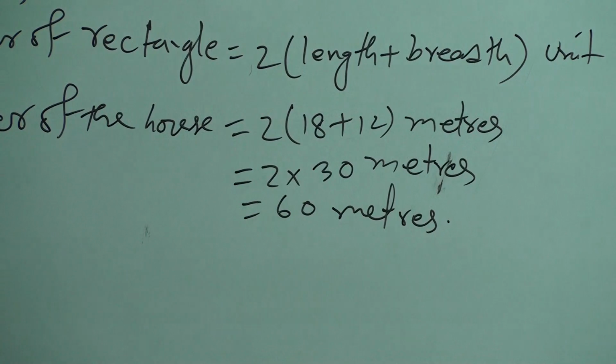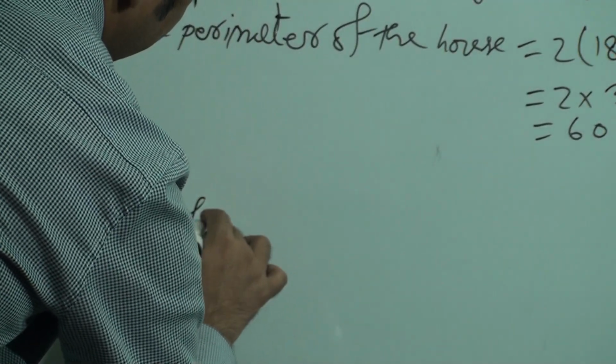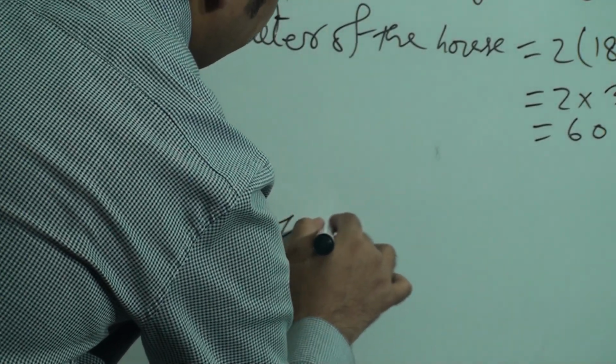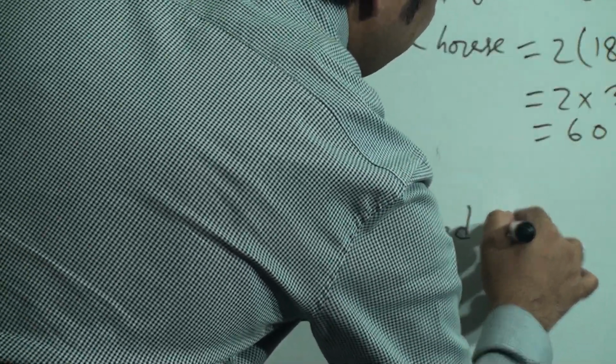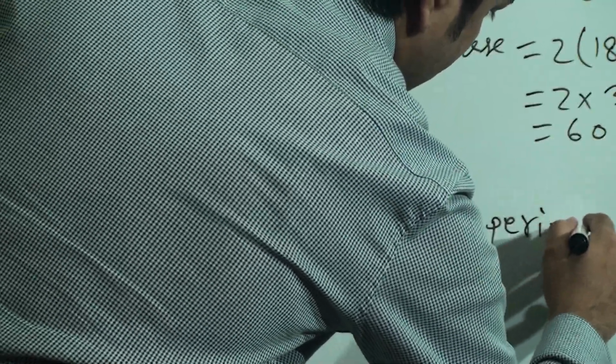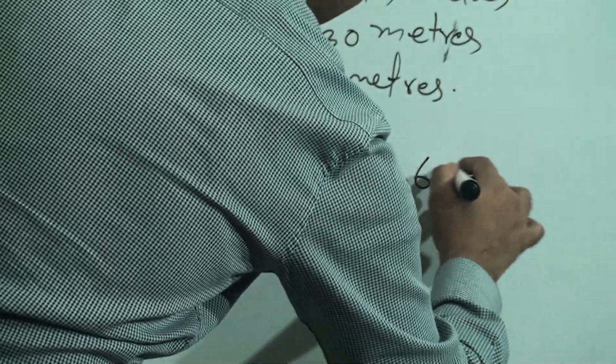Therefore the required perimeter of the house is 60 meter.